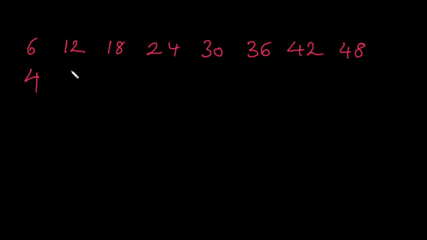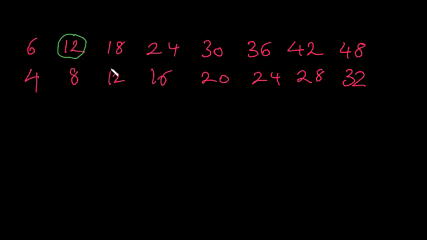And we have 4, 8, 12, 16, 20, 24, 28, and 32. So immediately we can see that 12 would be our lowest common multiple of 6 and 4. However, if we just multiply 6 times 4 together, we'll get 24, so we wouldn't get the lowest common multiple.